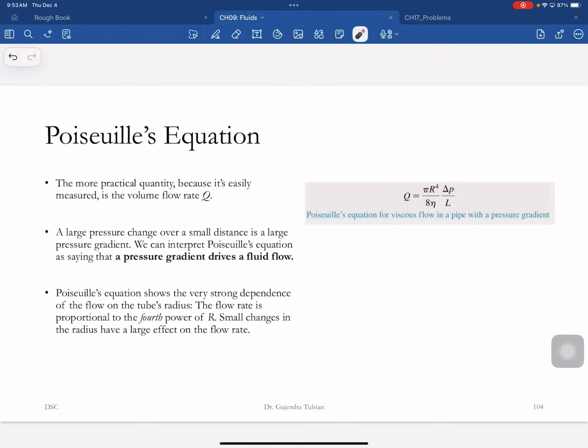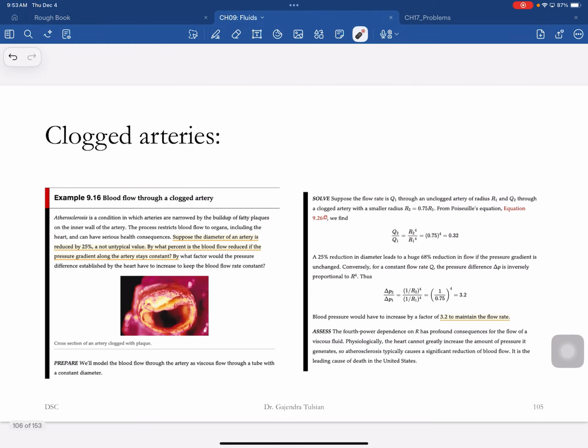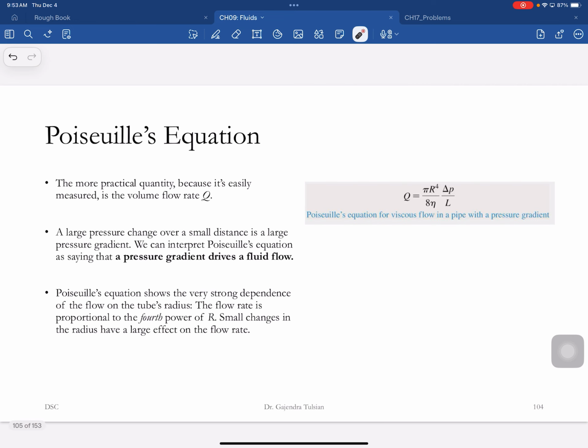So let's look at the effect. This is a huge effect. It's radius to the power 4. This problem shows you the effect of that. If the radius decreases by 25%, and if you keep the pressure difference the same, if you don't change the pressure, let's see what the effect on the flow rate is.